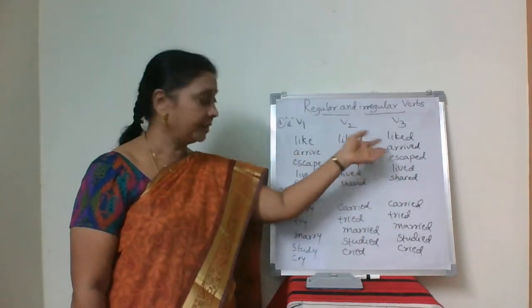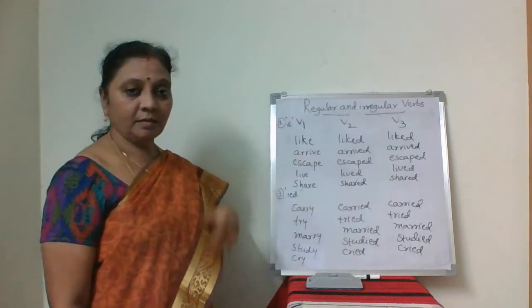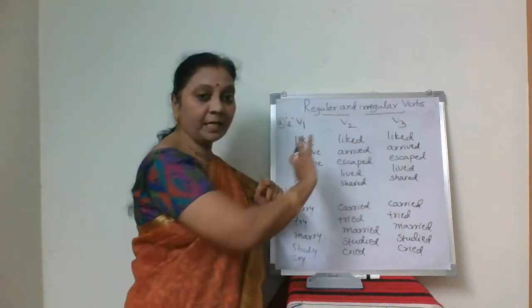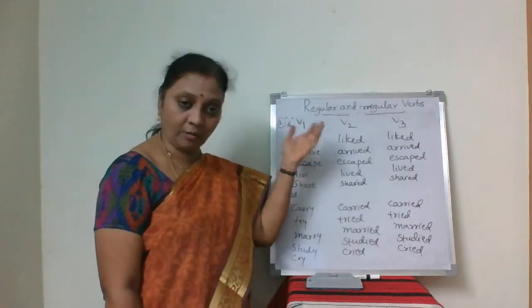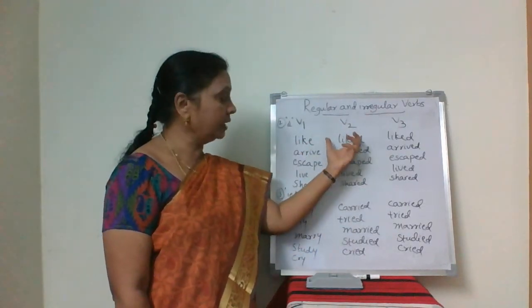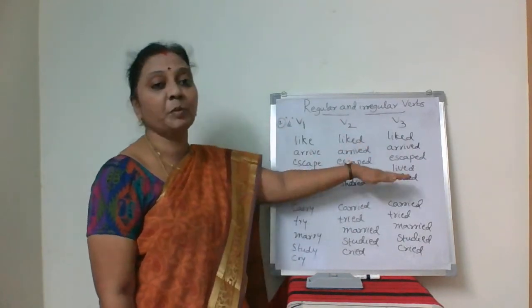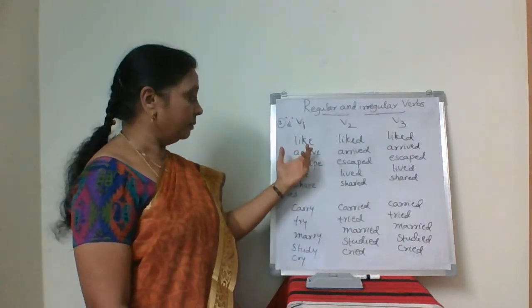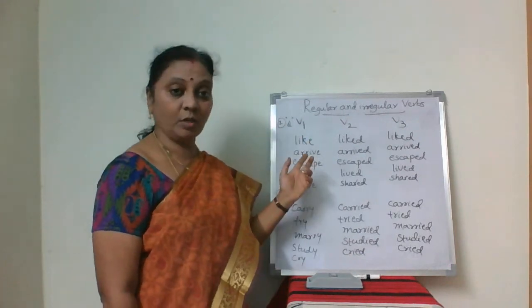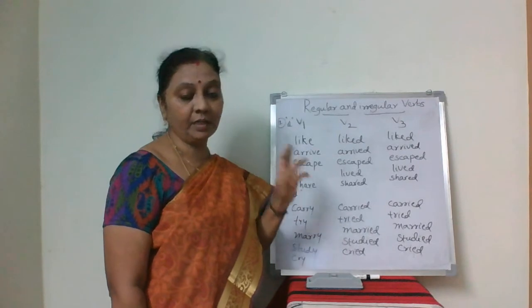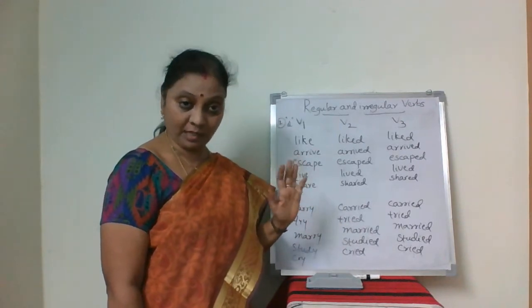Share, shared, shared. So in this, one important thing is their ed pattern is there. Even in this, already e is there, but in past participle and past form also the ed form is there. That's why they are regular verbs. Because there are other words also which end with letter e, but they are not regular verbs.